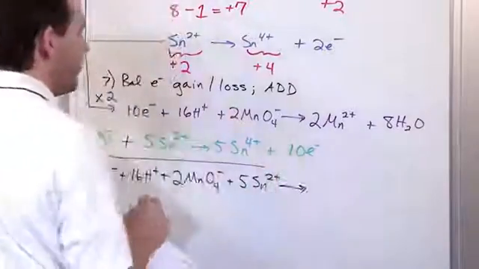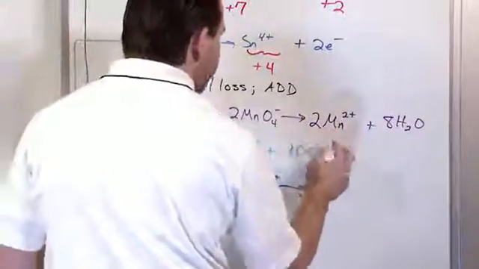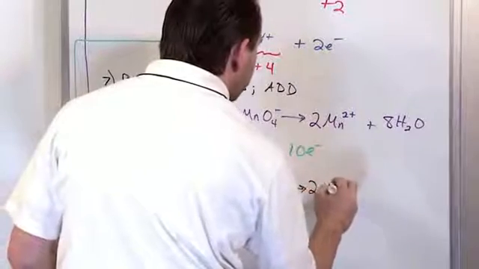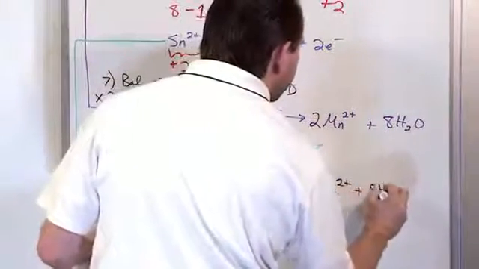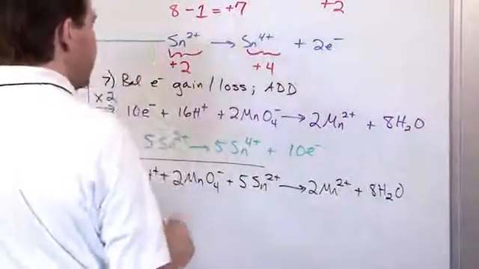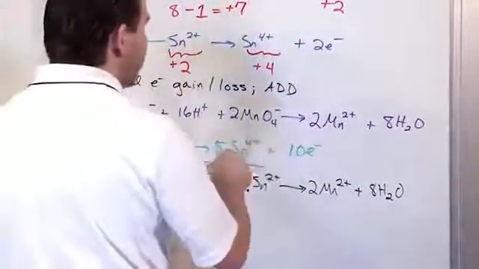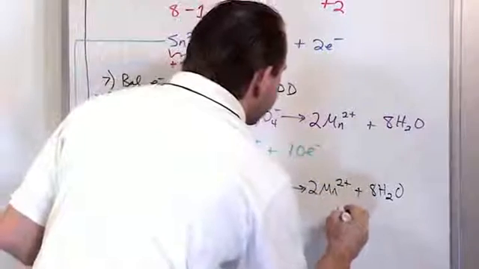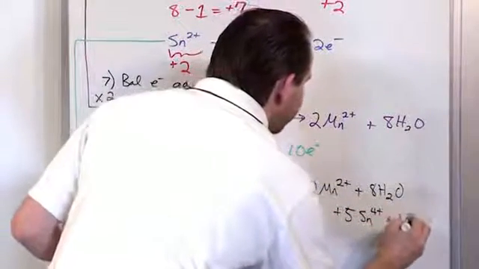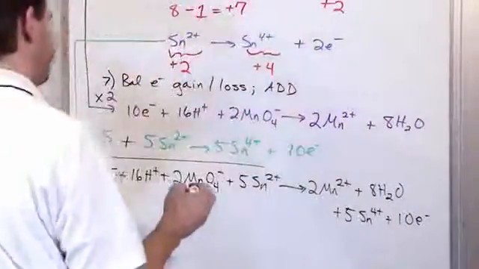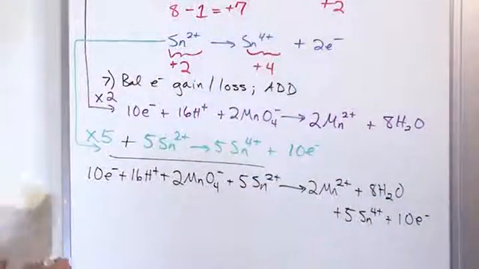And then on the other side of the arrow, I have the 2 manganese ions from here. Then I have the 8 waters, right? And then I have the 5 Sn ions. So let me just write it underneath here: 5 Sn4+ plus 10 electrons. All right, that's everything on the other side.